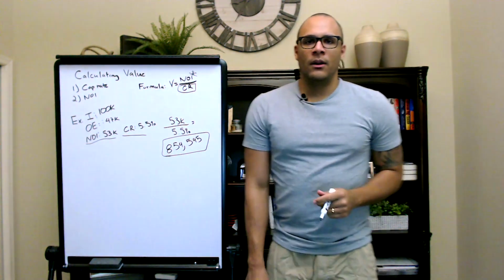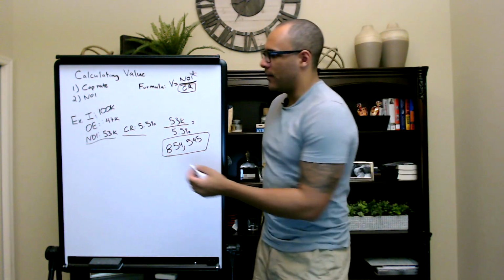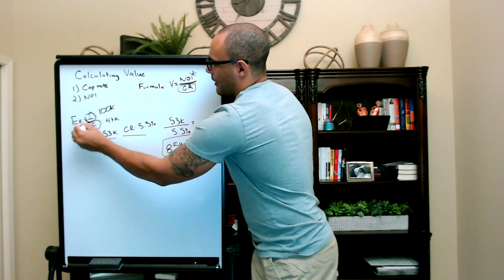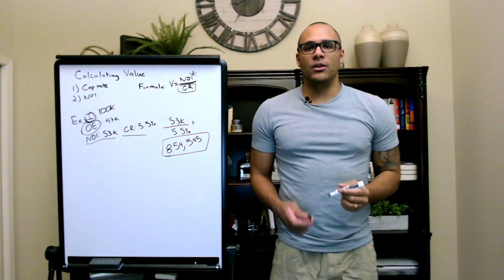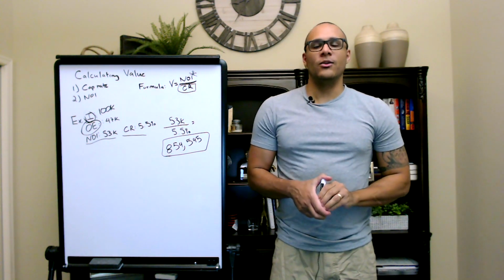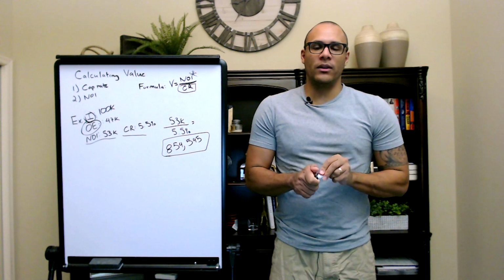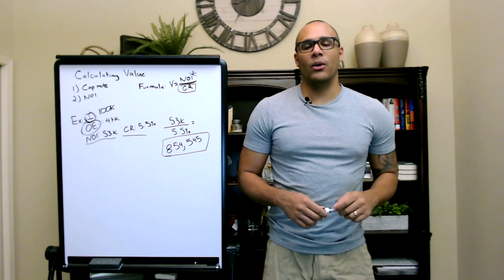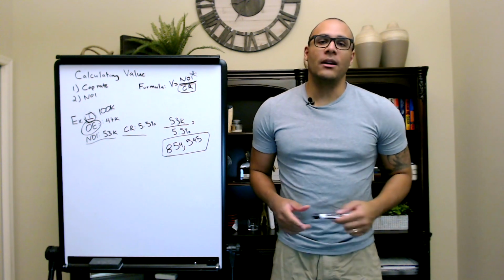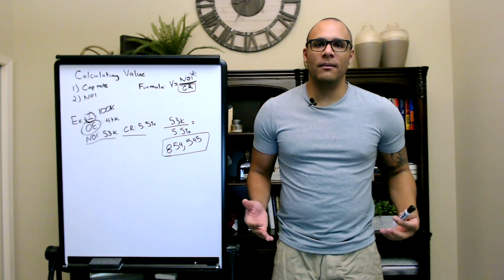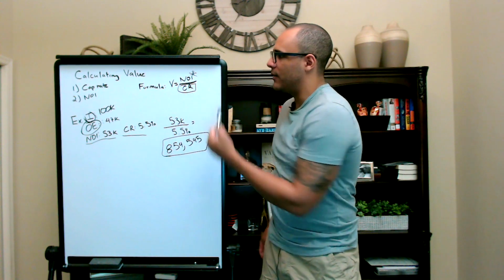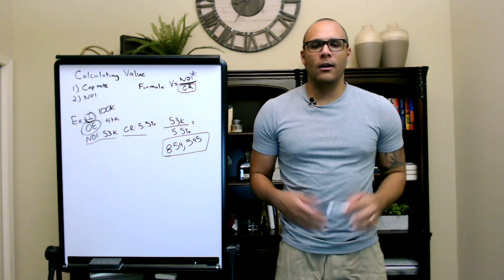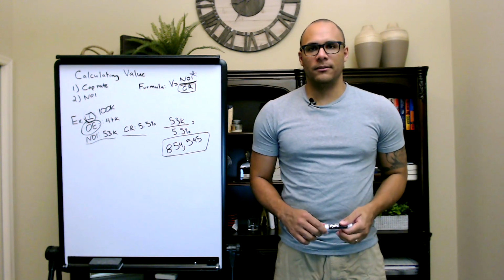Since the net operating income is based off of the income of the property and the operating expenses, if we want to increase our net operating income, we need to increase our income or decrease our expenses. If we increase our income and/or decrease our expenses, then NOI goes up. And when NOI goes up, assuming the cap rate is fixed, the value of the property goes up, which means more money for you and more money for your investors.